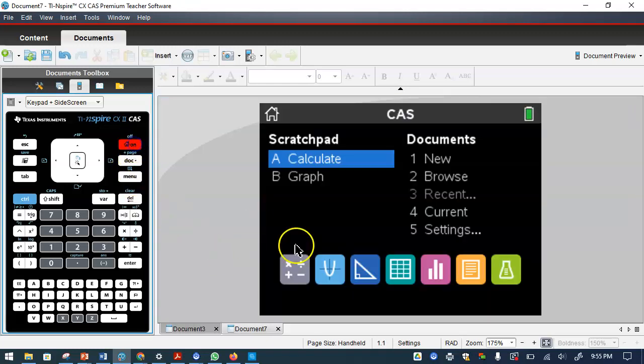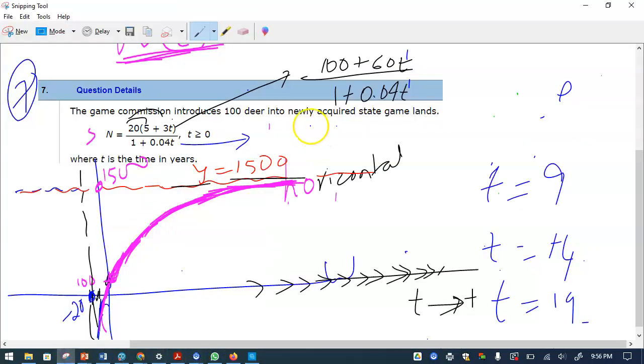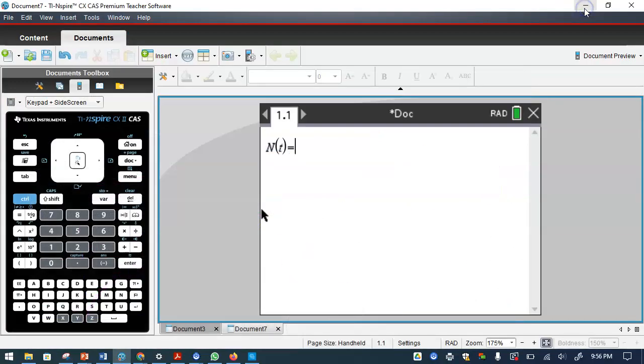Type in N of t equals. What was that? I forgot. Let me check. It was 100 plus 60t over 1 plus 0.04 times t. So there is this numerator and denominator.